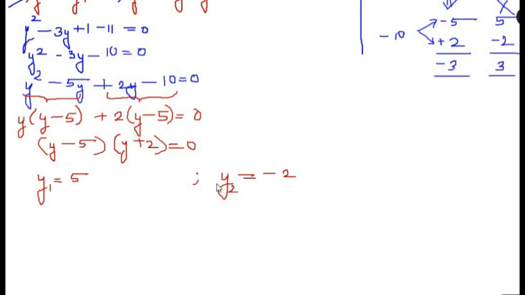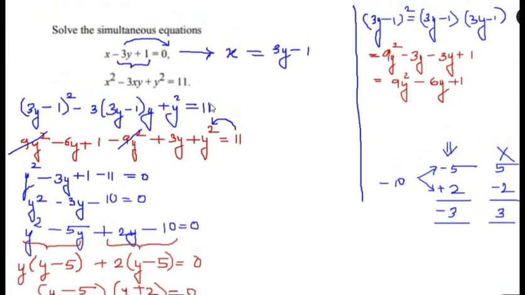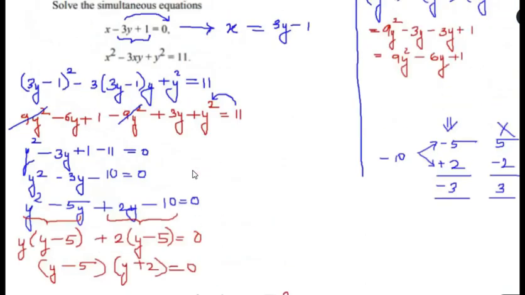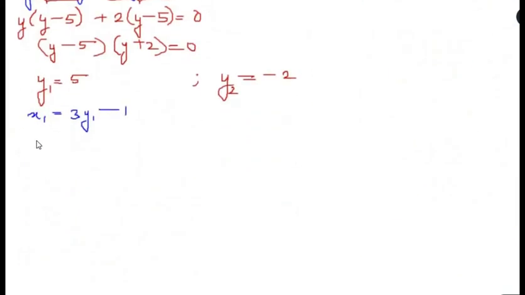Now since we have got the values of y, we will find out the values of x using this rearranged formula, x equal to 3y minus 1. So x1 equal to 3y1 minus 1, and x1 equals 3 times 5 minus 1.